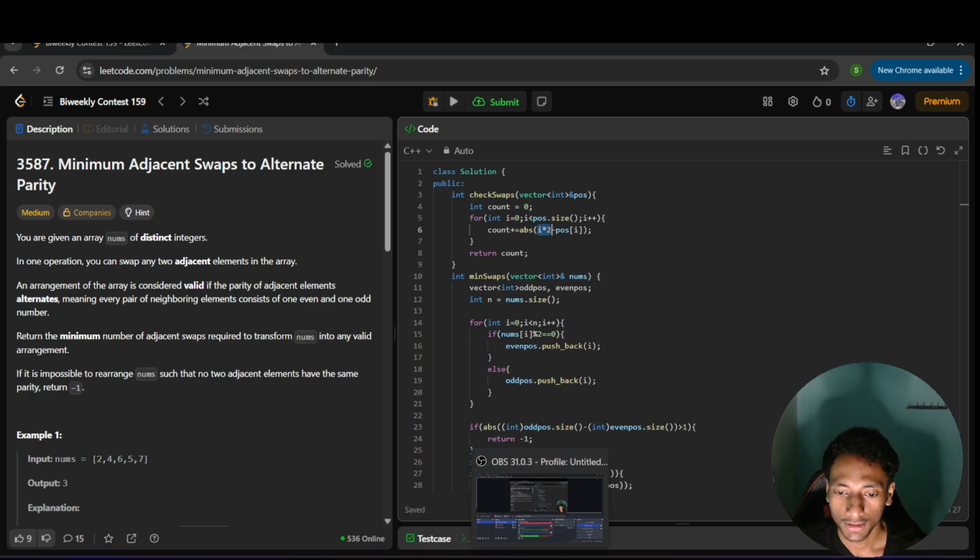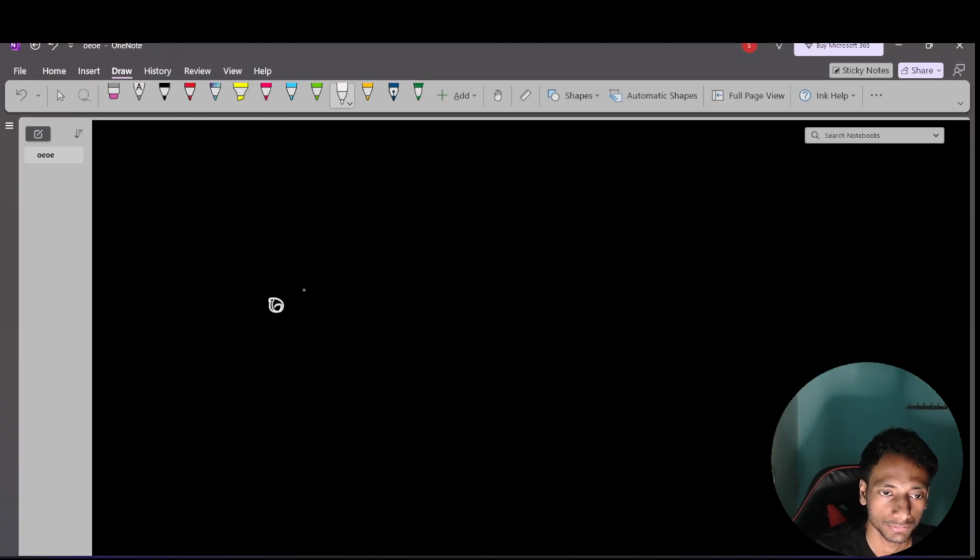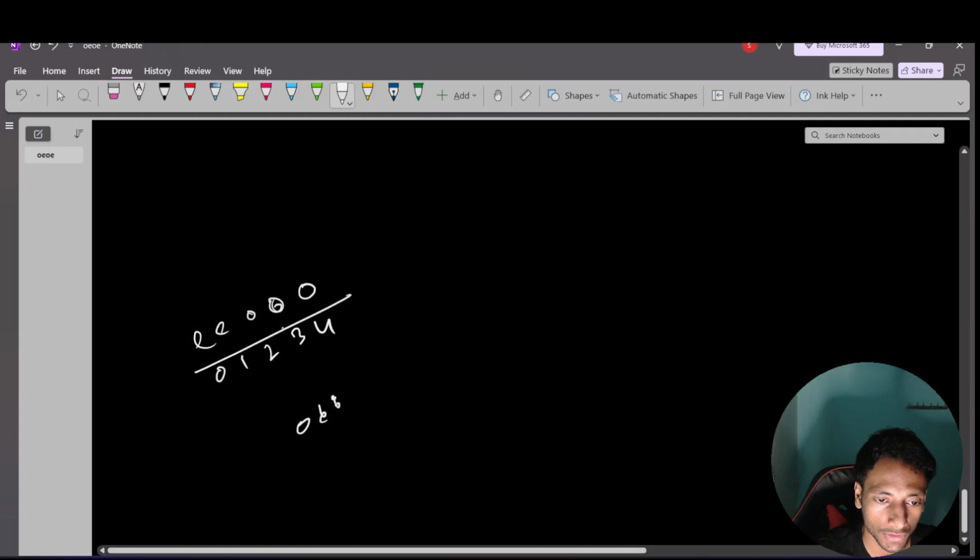Suppose we have, say, 3 odd numbers, so it can start with odd. The positions are 0, 1, 2, 3, 4. So in the odd vector we will have the positions 2, 3, 4. Correct?